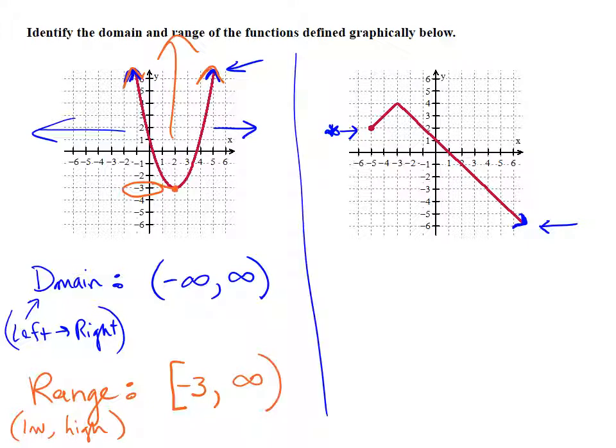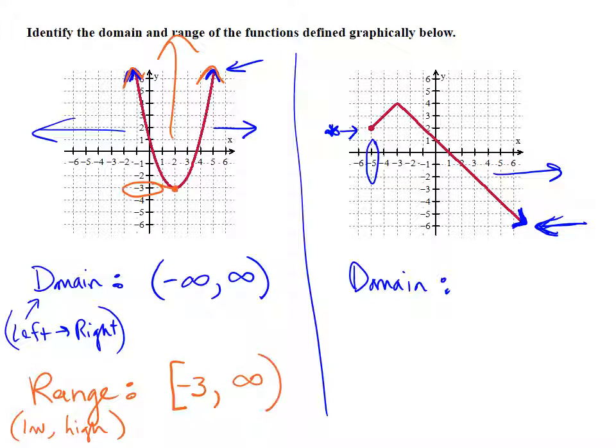In our second example here on the right, again, thinking about the domain, we think left to right. Our leftmost point of this graph is an x value of -5. Our rightmost point: the graph is going forever to the right, because it's going down and right.